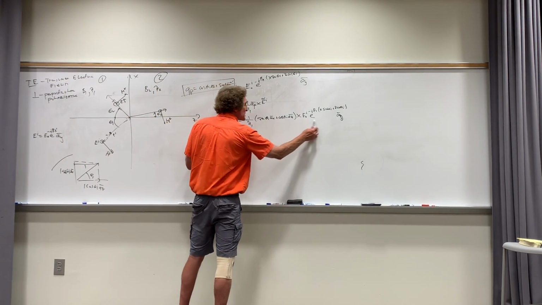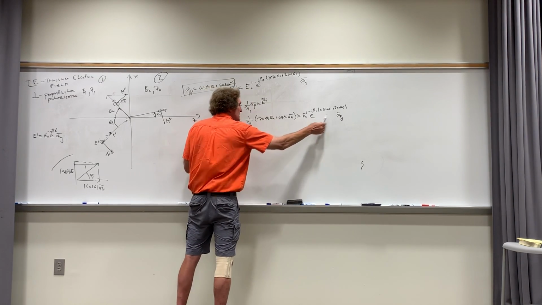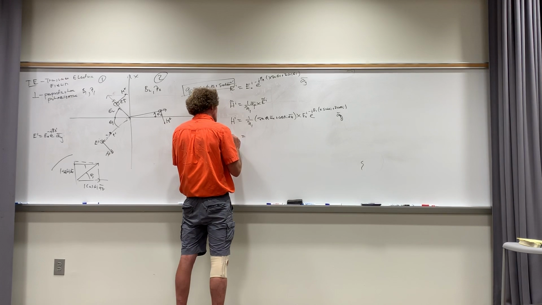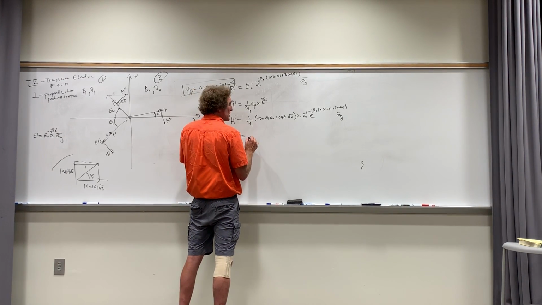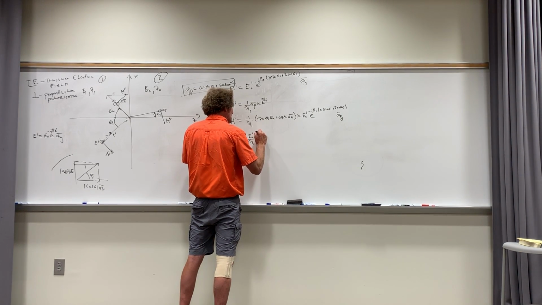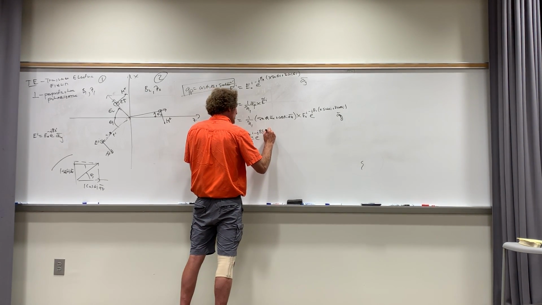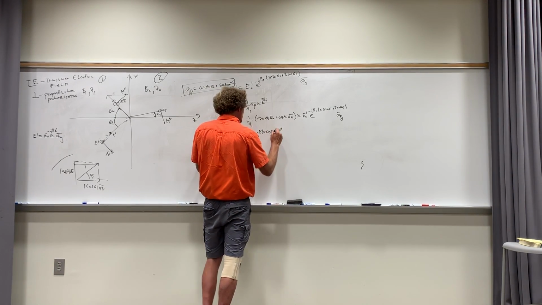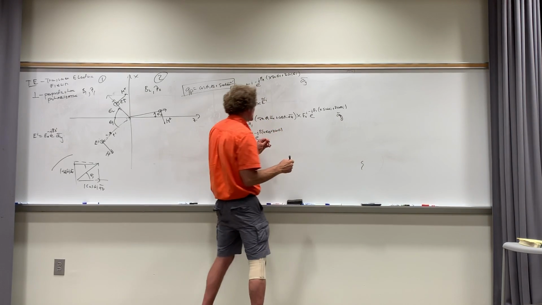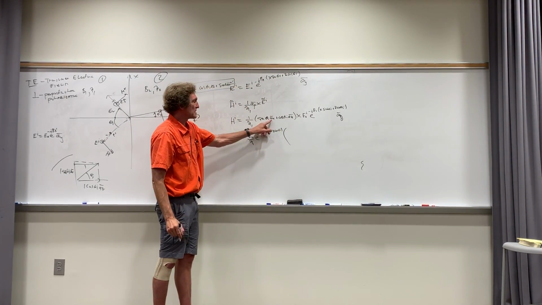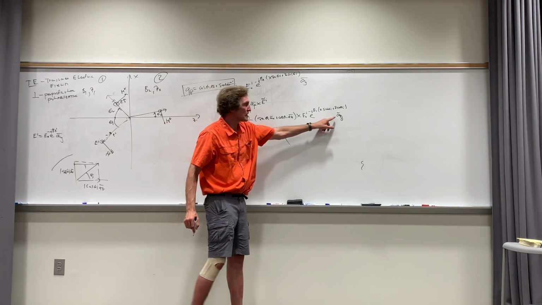You see that this E naught, this e to the stuff, and this 1 over eta can come out in front. I can say that H incident is really going to be equal to E naught incident over eta 1 times e to the minus j beta x sine theta plus z cosine theta incident. And then what I can do is this. Now I can take sine theta incident, AX crossed AY is what, guys?